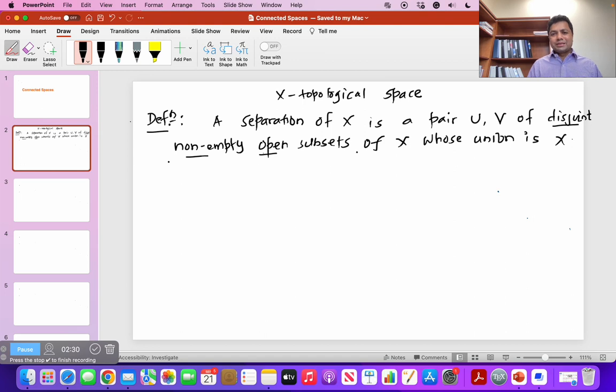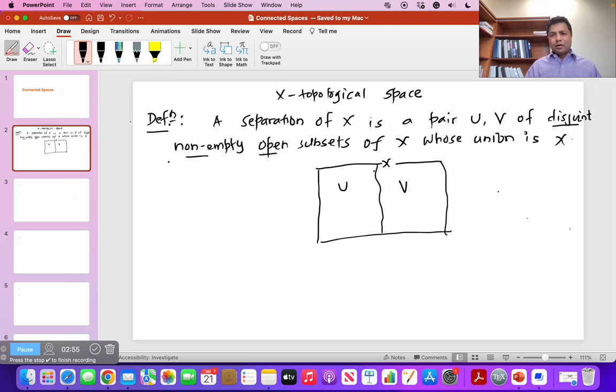So let's visualize this definition. Let's say we have a topological space X, and let's say we have two non-empty open sets U and V in this topological space X, and this is our U and this is our V. Obviously these two are disjoint, and U is a non-empty open set in X, V is a non-empty open set in X, and if we take their union, then it's going to be X, and also U and V are disjoint.